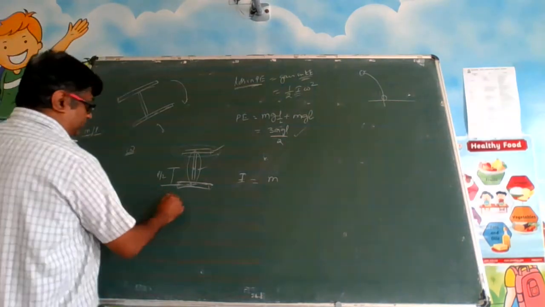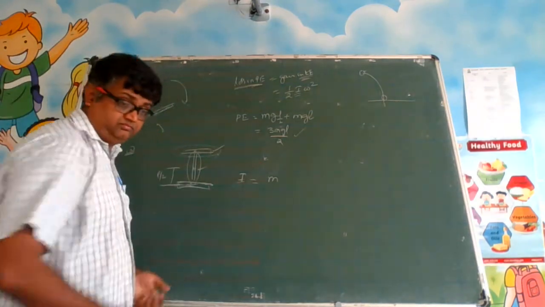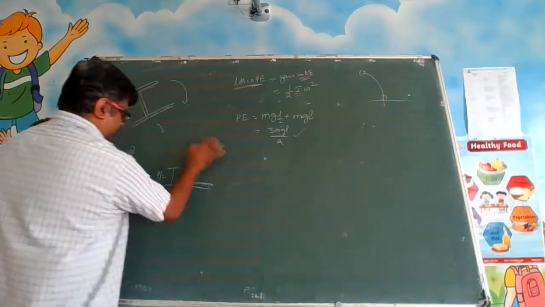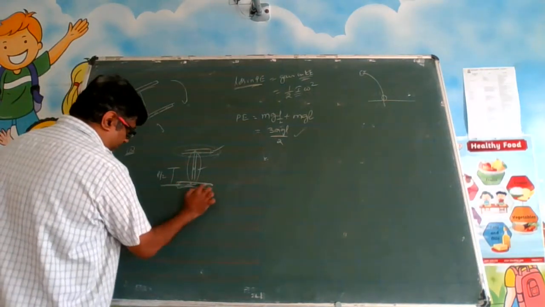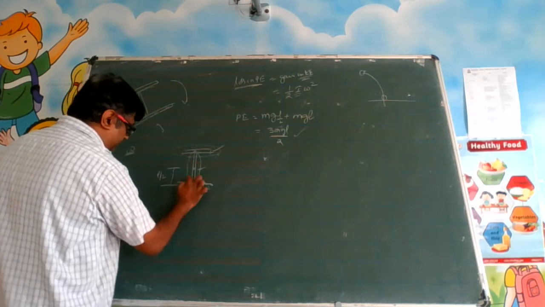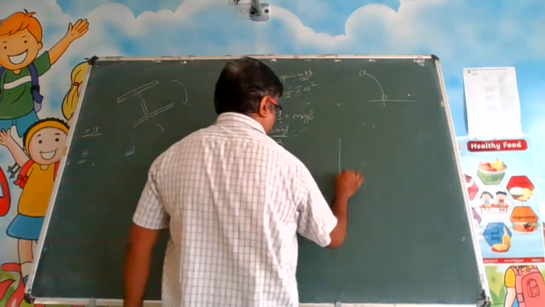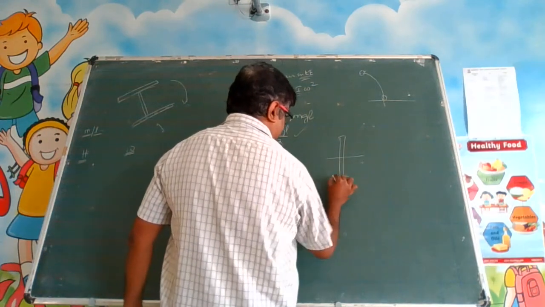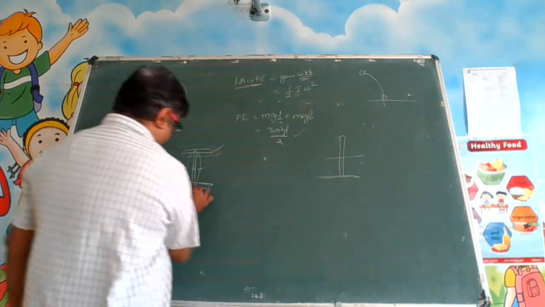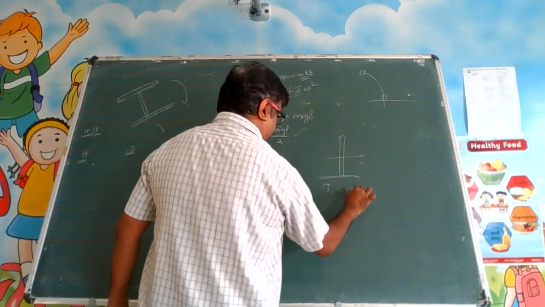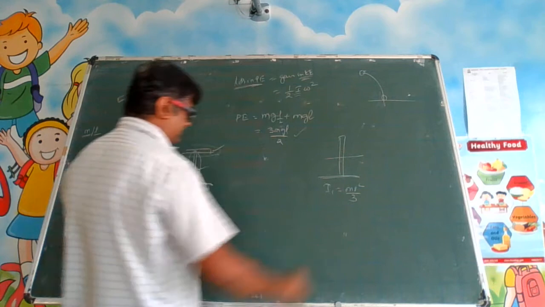So when you're calculating this moment of inertia, this system is trying to rotate about this base. So this vertical portion is there, no? It is rotating about the edge. This is that vertical rod, this is the CG, but it is trying to rotate about this edge. So what will be the I of this vertical portion? I1 will be ml square by 3.